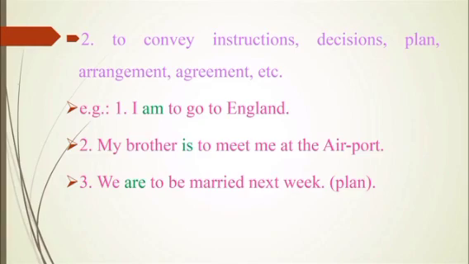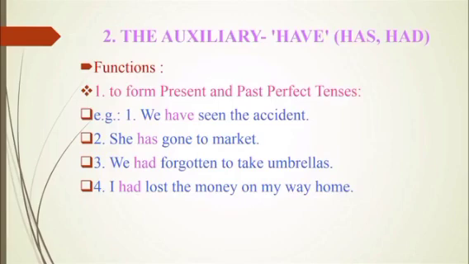The second one is the auxiliary have. In other words, have verbs such as has, had. Let's see the functions. The first function is to form present and past perfect tenses. Example sentences are, we have seen the accident.